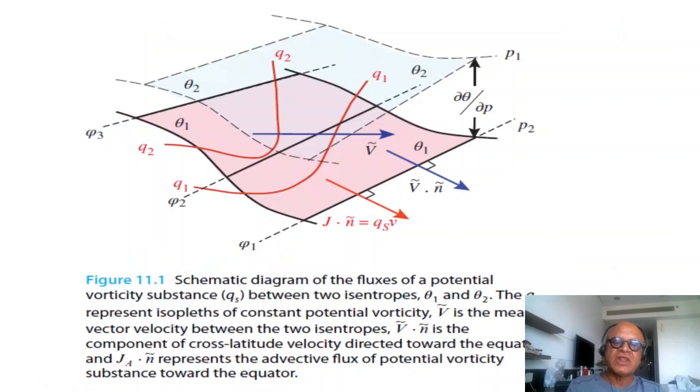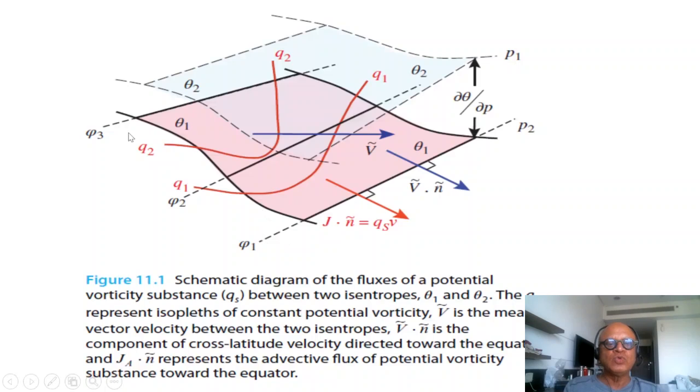Okay, this is how it looks. You have isentropes at pressures P1 and P2. You have the gradient d theta dp between them, and the potential temperatures theta1 and theta2. As you remember, theta increases with height.